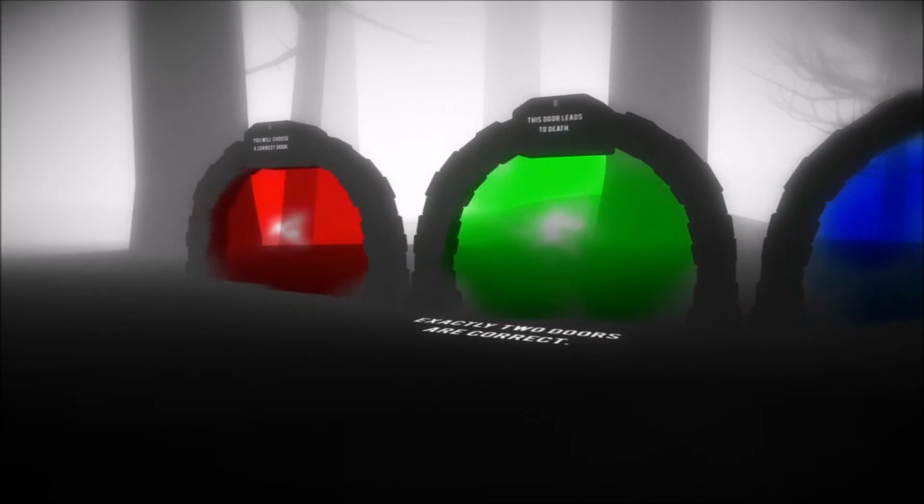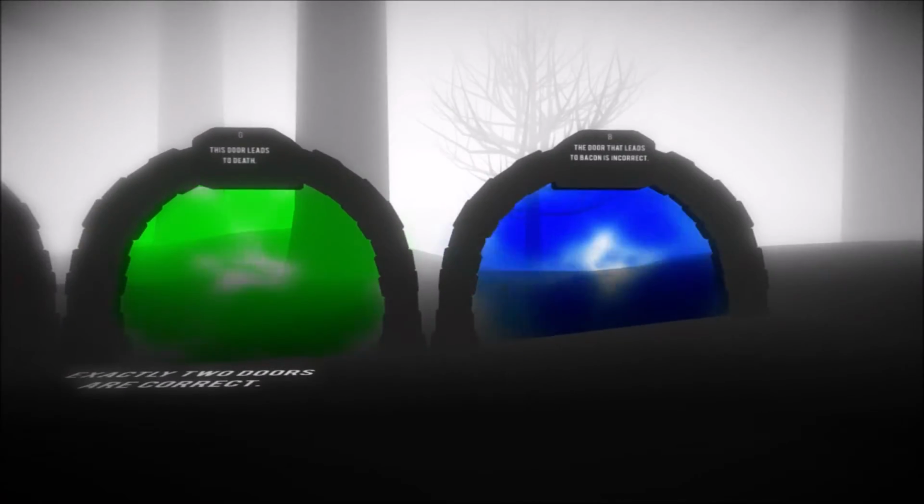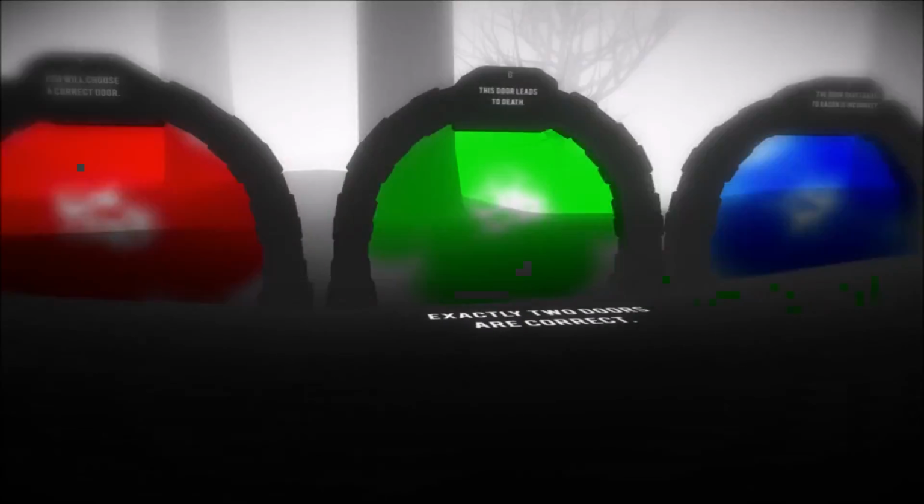Unless... So, fuck. The door that leads to bacon is incorrect. If blue is true and red leads to bacon, I will choose the right door is incorrect.